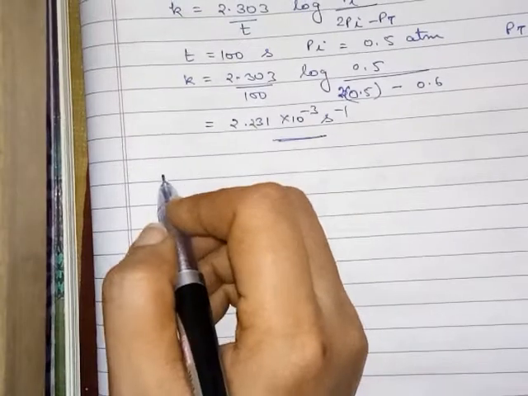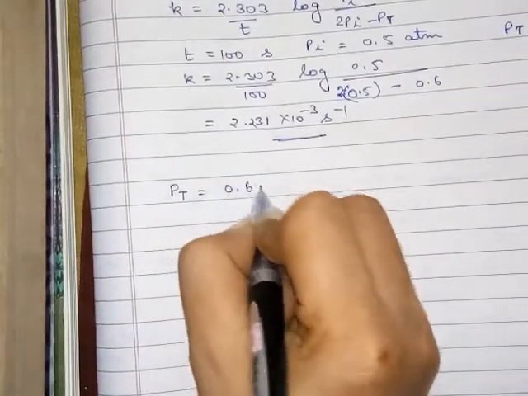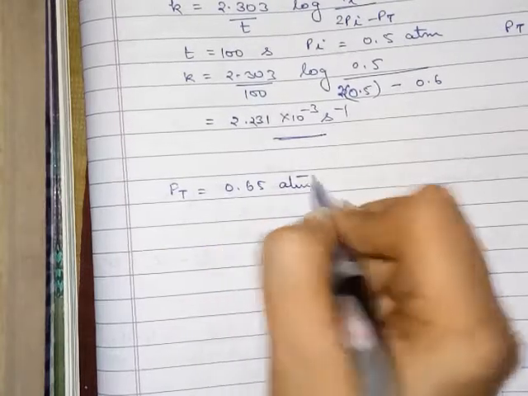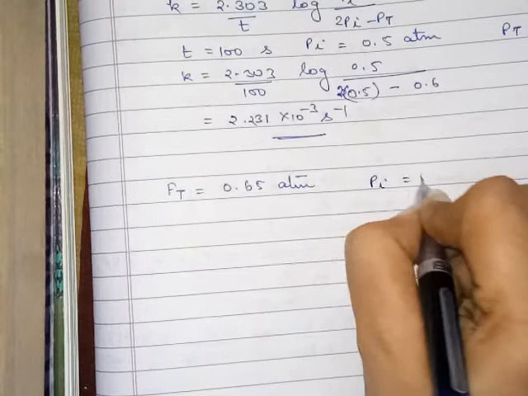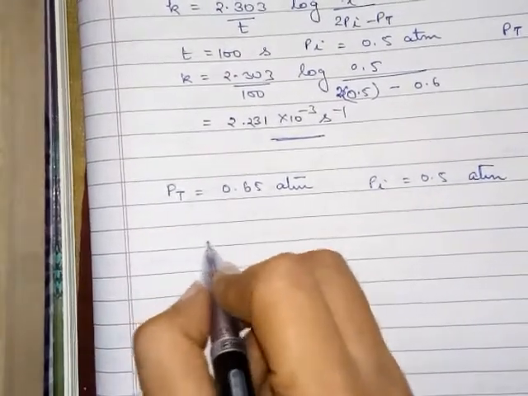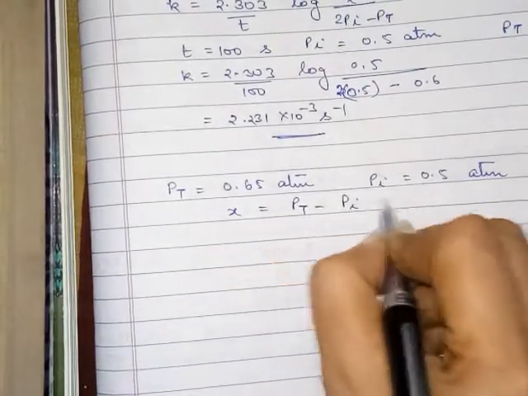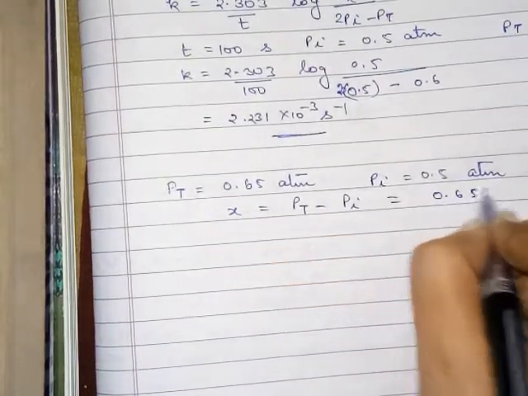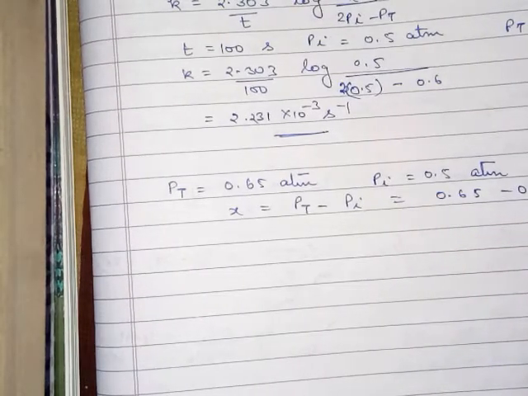Now the second part is when the total pressure is 0.65 atm, you need to find the rate. ठीक है, 0.65 atm है, इनिशियल अभी भी 0.5 atm है, और अब x कितना है? Pt minus Pi, which is 0.65 minus 0.5, that is 0.15 atm.